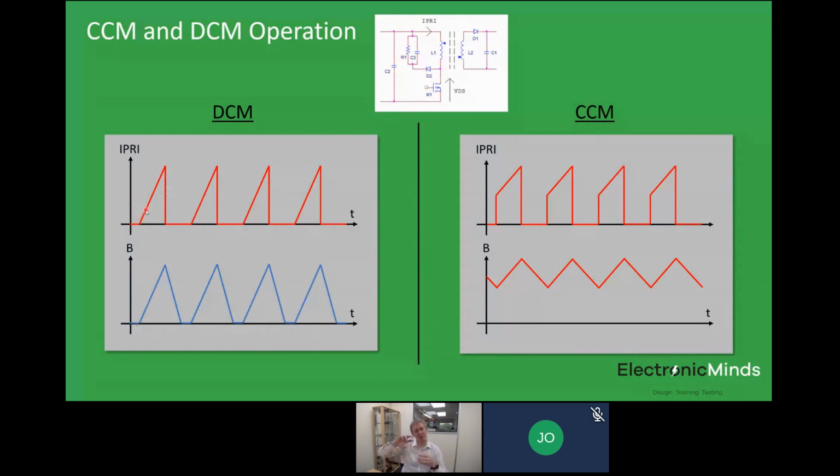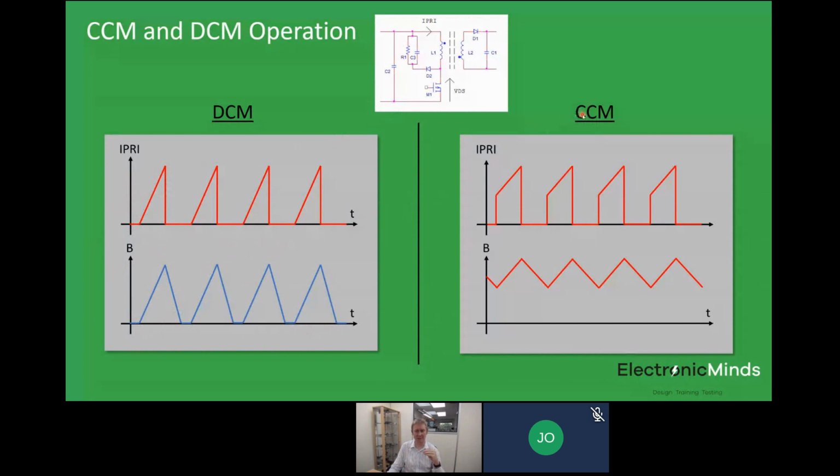And then when the energy freewheels through to the secondary side, we see a linear ramp down in flux density. But the important thing with DCM is that the flux density in the core reaches zero before we then turn on for the next switching cycle. So really what we're doing is loading a finite amount of energy into the core, and all of that energy is sent through to the secondary side, and we run with zero energy in the core until the next switching cycle. So that works just fine.